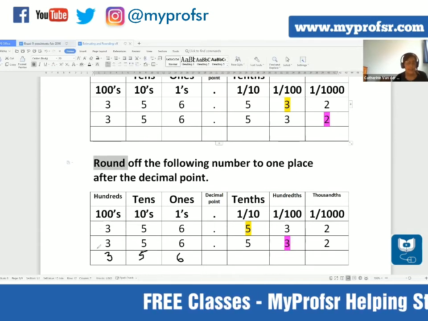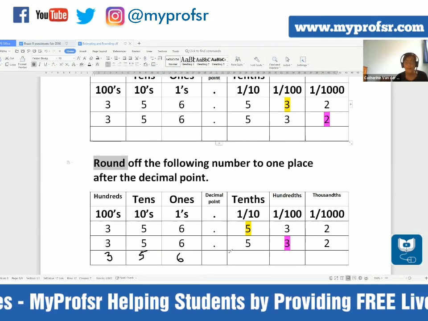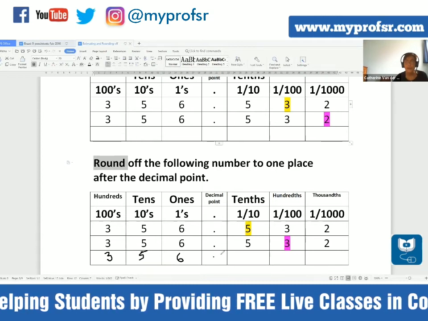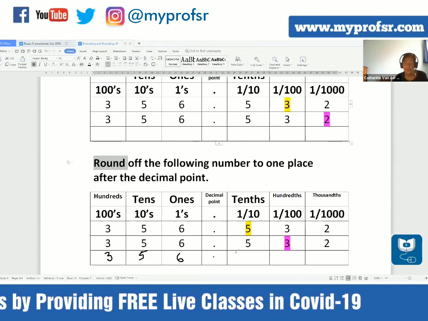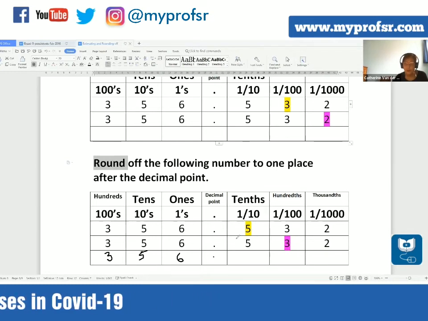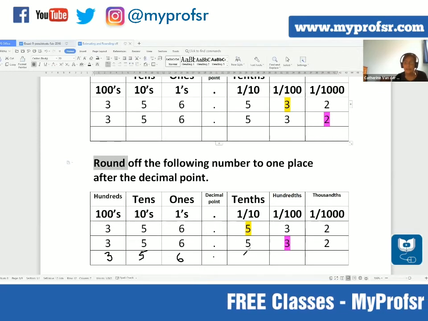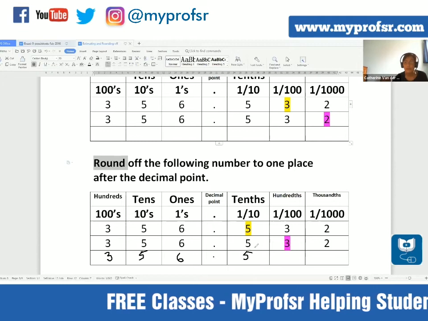We leave it exactly as it is. Everything before the point we leave as it is. Point. And this is the place value, the number which we have to change or leave as is. We're going to leave it as is because the 3 is smaller than 5.